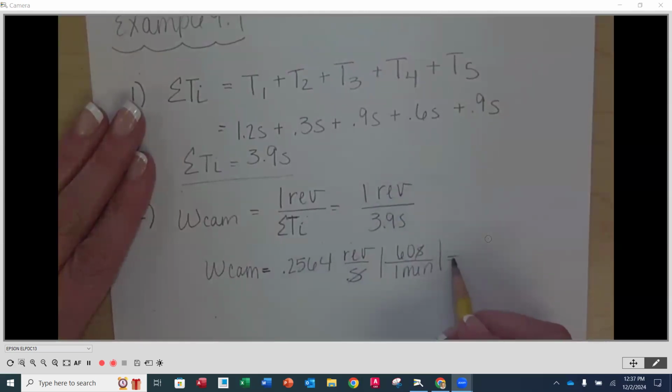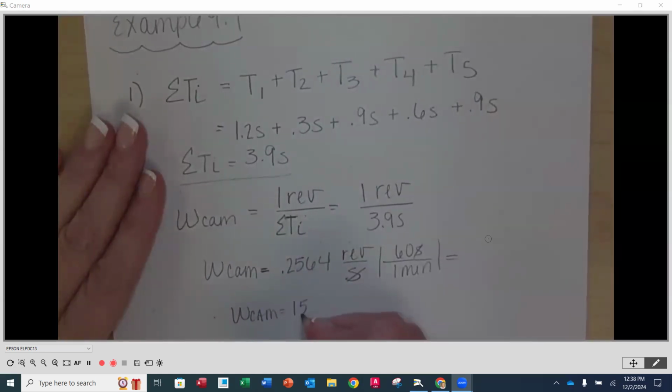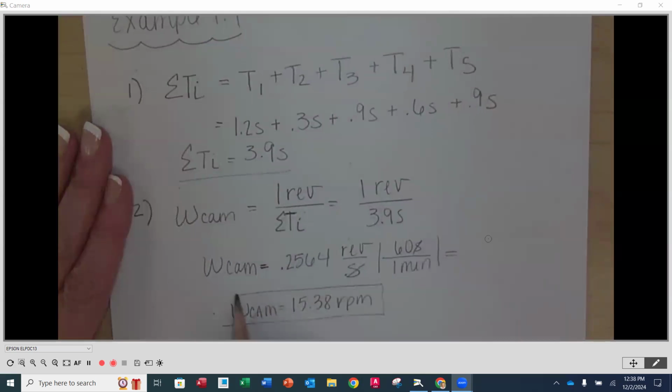So my W of my cam can also be expressed as how many revolutions per minute? 15.38. And that would be RPMs, okay? So this would be the answer to the question.